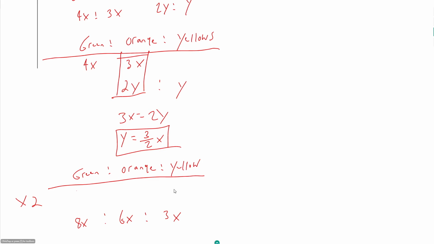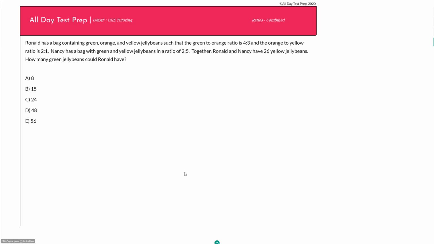But what I might do now is, we finish setting this up, put this onto a new page. So this is Ronald's bag. Oh, sorry, it's green to orange to yellow.